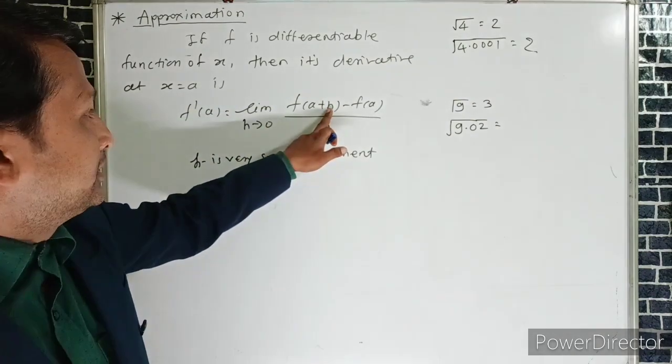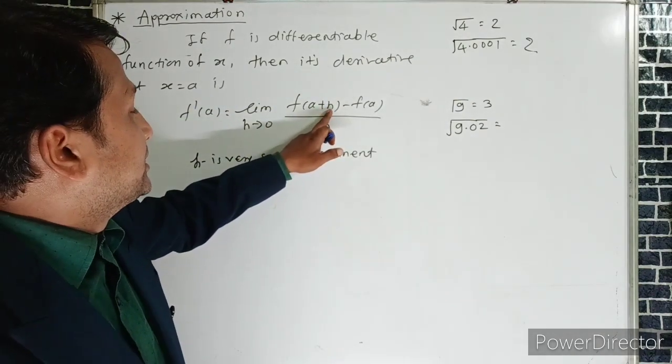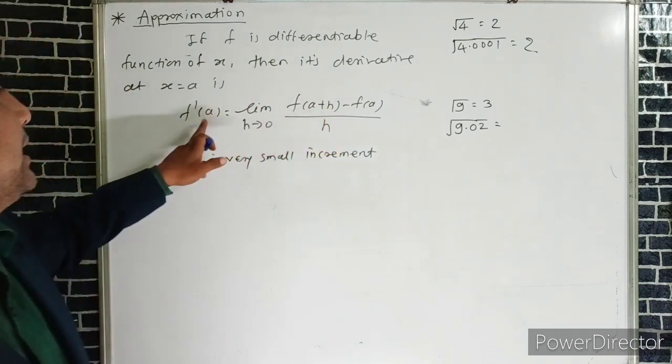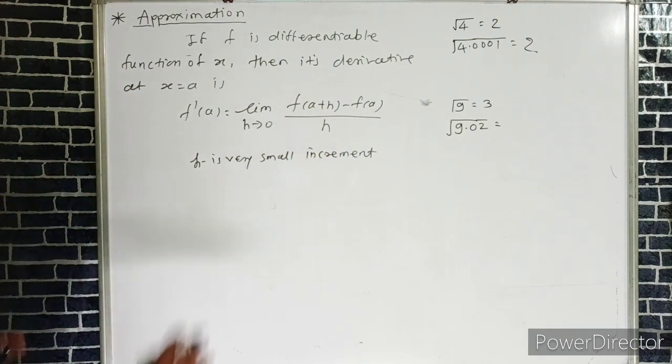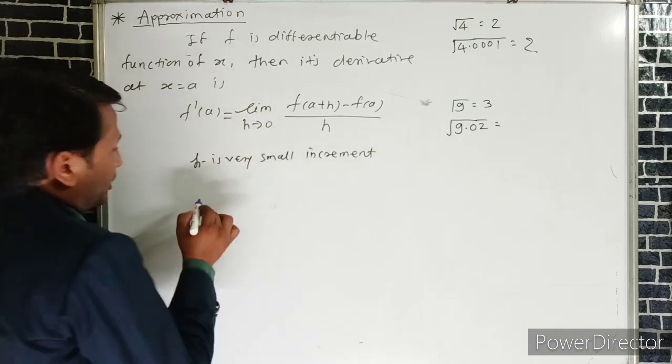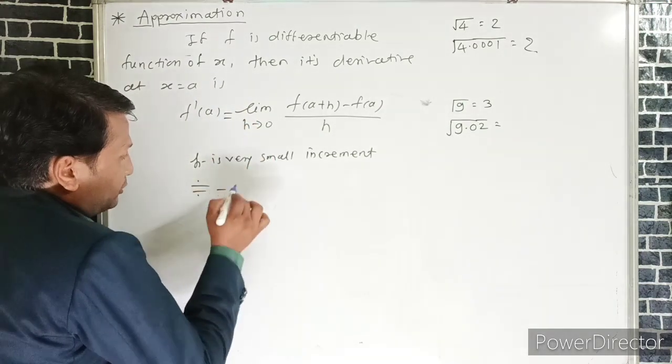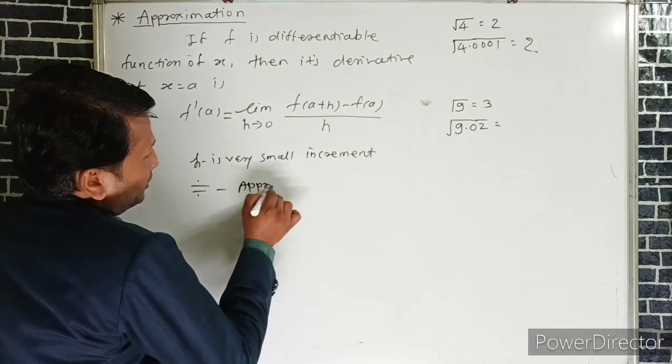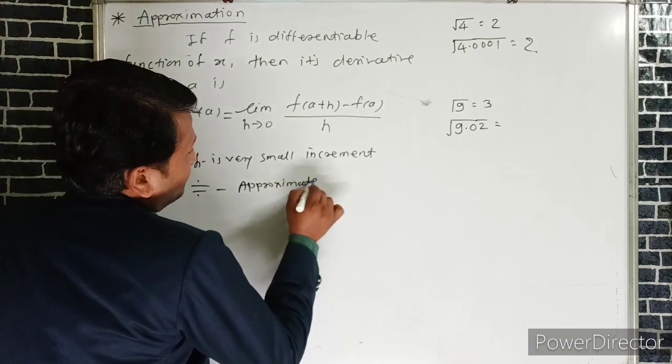It means that the value of a plus h is approximate to a. Hence, here we use the approximate sign.